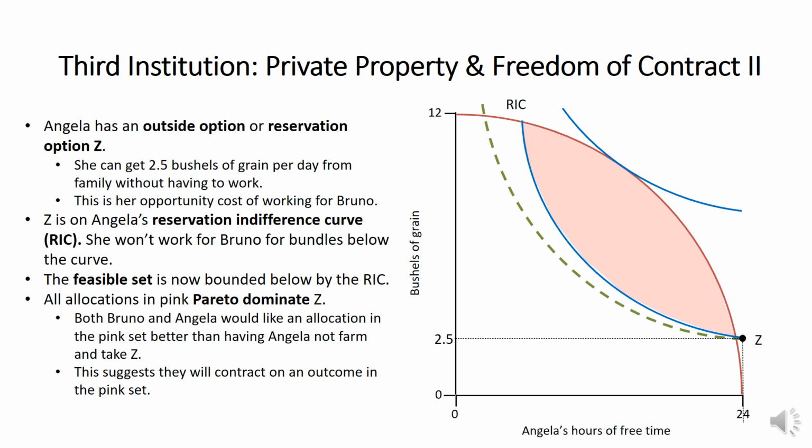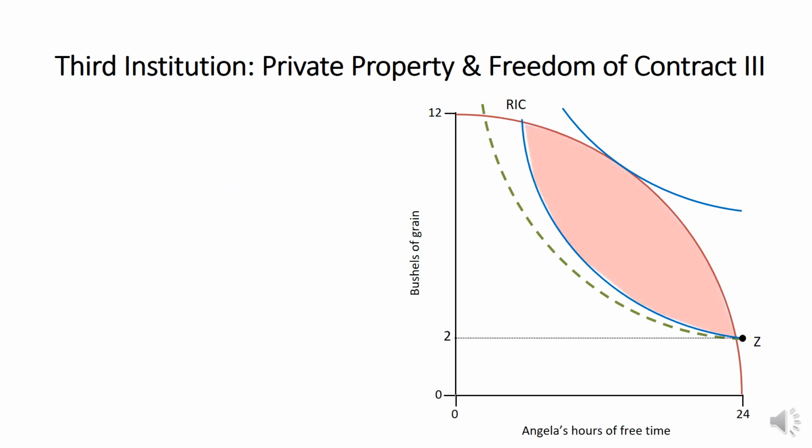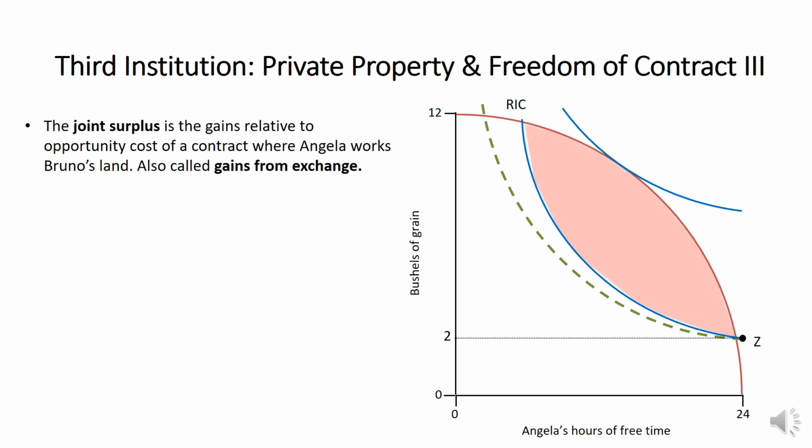So if Angela and Bruno can agree to an allocation in the pink area, Angela will be interested in taking that on because it will give her at least as much utility as she gets from Z, and maybe a little bit more. And Bruno will be happy because he'll be able to get some of the grain that Angela produces. So we use the term joint surplus to refer to the gain that both parties have access to by virtue of their entering into a contract together.